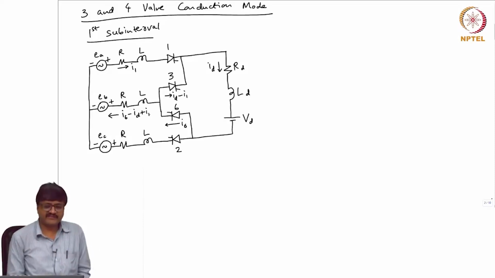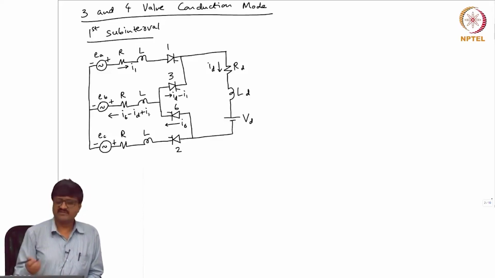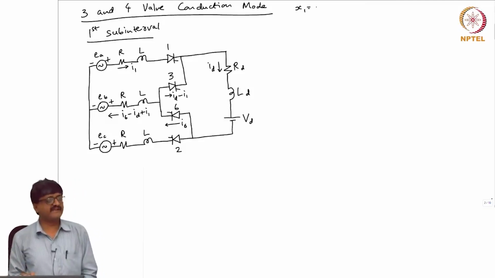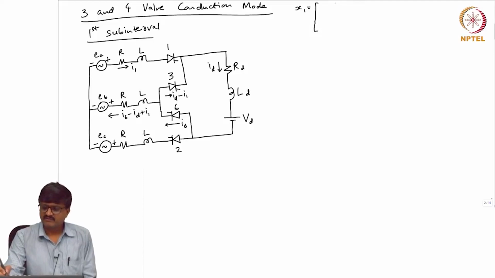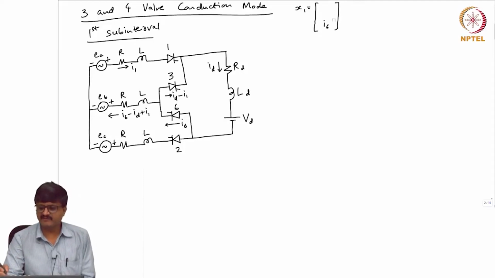So, there are 3 loops and I have to apply Kirchhoff's voltage law to these 3 loops. x1 is the state vector for the first subinterval. So, I have to take I6 as the last element of x1.